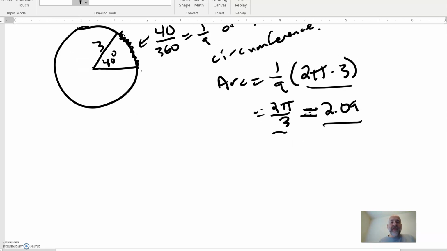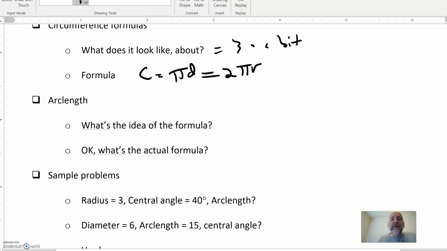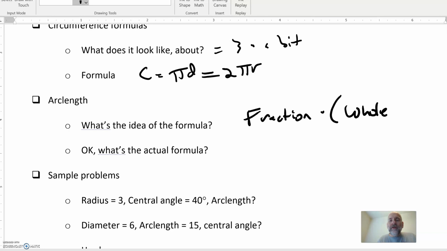So now I'm going to write the formula in official terms, and I want to put it up here just so I have it in the same spot. The idea of the formula is that the arc is a fraction of the whole circumference. Now, in symbol terms, what's the actual formula?